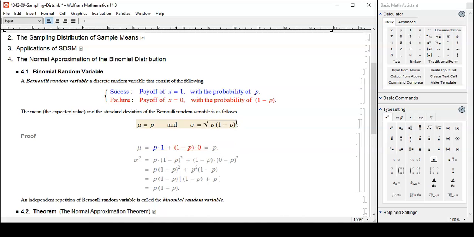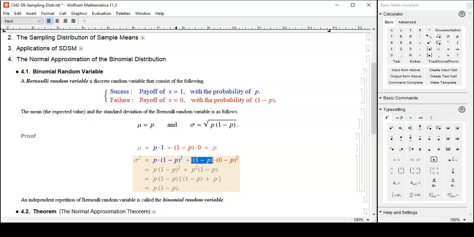Now, how about the standard deviation? That's a bit trickier. Let's calculate the variance. So probability p for success times the deviation, so payoff value minus the expected value, squared. That's what we have over here. Now how about the corresponding value for failure?